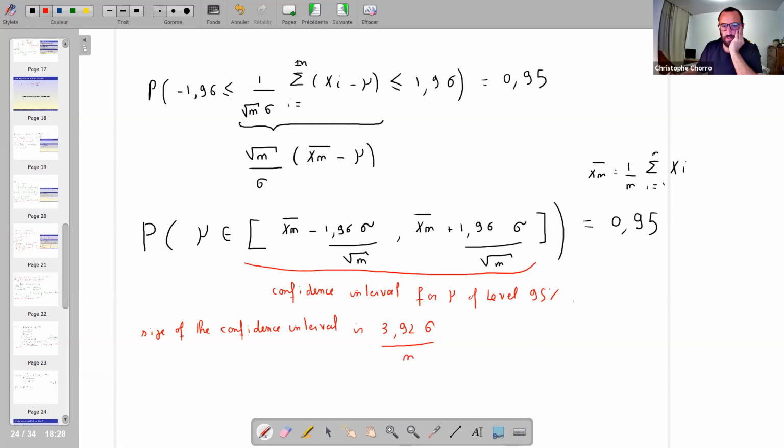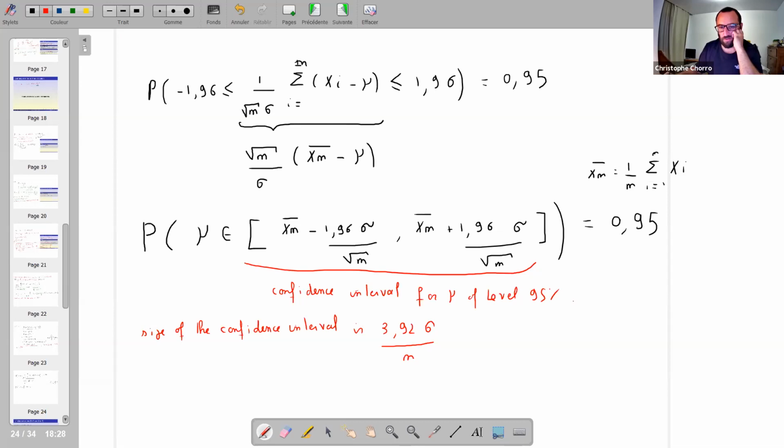So if I want a certain level of precision for my approximation of mu by X̄n, I just have to fix a level of precision for this quantity, that is the size of my confidence interval.